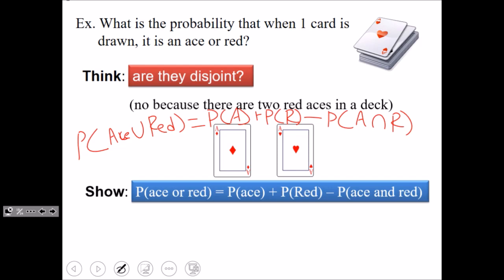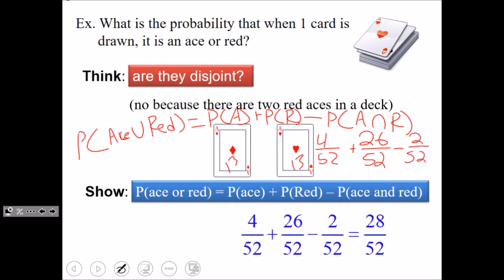So chance of getting an ace: there's 4 aces in a deck of cards out of 52. How about a red card? Well, there's 13 diamonds, and there's 13 hearts, and that's all the reds, so that's 26 out of 52. And then I want to subtract the overlap. Well, there's 2 red aces. So that's it. We'll get 28 out of 52.